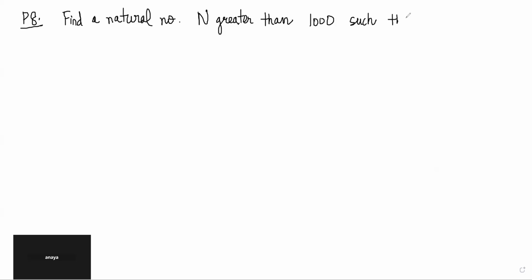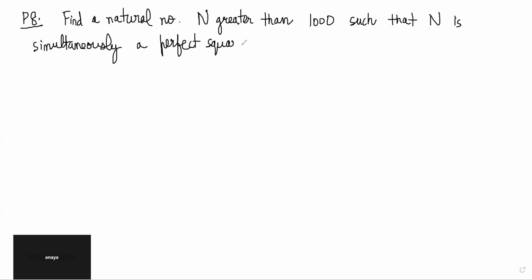Problem 8 is find a natural number n greater than 1000 such that n is simultaneously a perfect square and a perfect cube. That is problem 8.